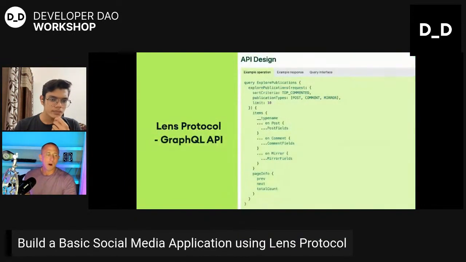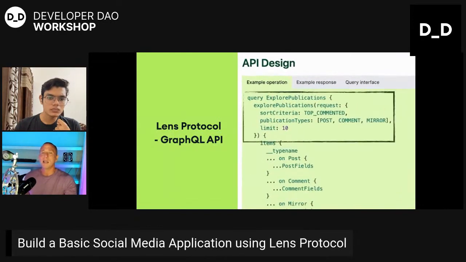But more importantly, and to me, one of the reasons that it's become so successful with developers is their GraphQL API, because instead of having to interact with the contract and deal with the limitations of that, they have essentially indexed all of the data off of the protocol and made it available in this really nice GraphQL API. So you can now say stuff like, I want to explore publications. I want to sort by this criteria.